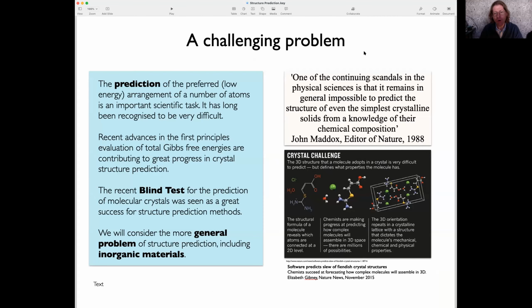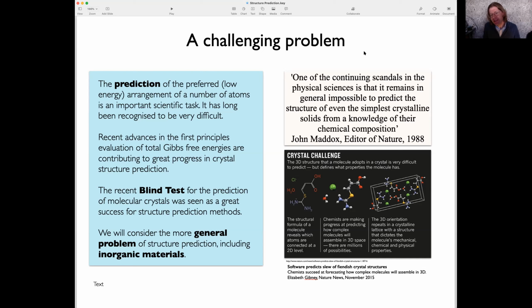So as a whole, structure prediction has been considered a difficult problem. It's so difficult that it actually prompted an opinion piece in Nature in 1988 by John Maddox, who was a very famous and opinionated editor of Nature, who pointed out that it was a scandal that we weren't able to predict the crystal structures of solids just based on their constituents.